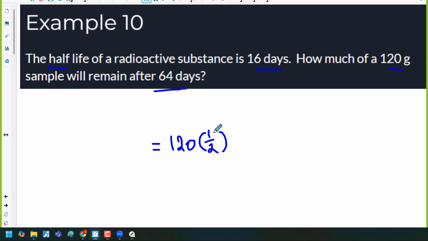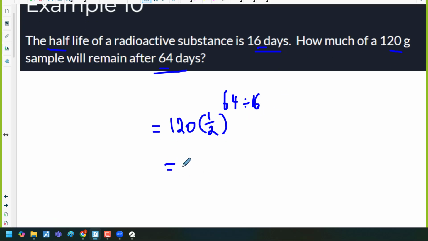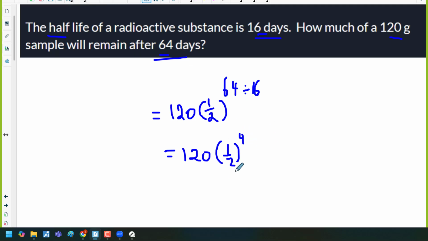And what is the exponent going to be? Well, we know it's 64 days, but the time for half-life is 16, so we need to do 64 divided by 16. So that becomes 120 times 1/2 to the power of, now 64 divided by 16, that's just 4.